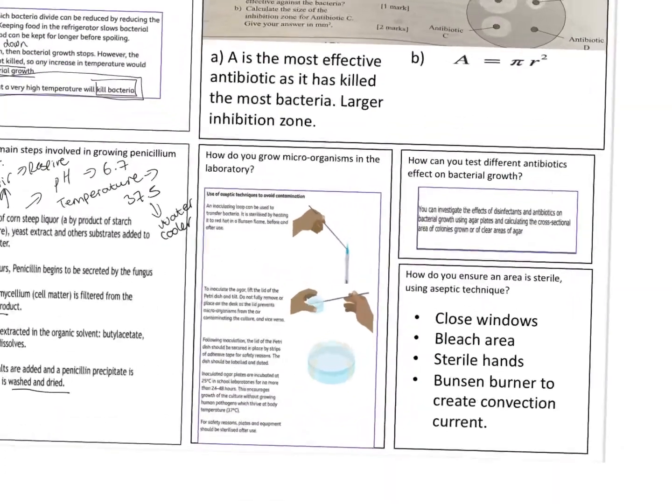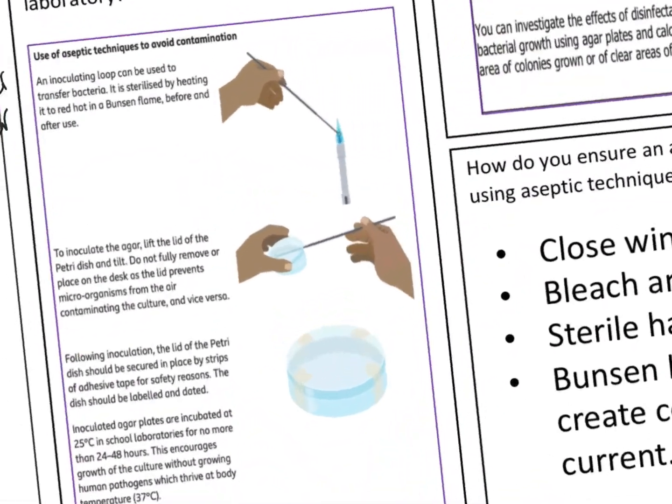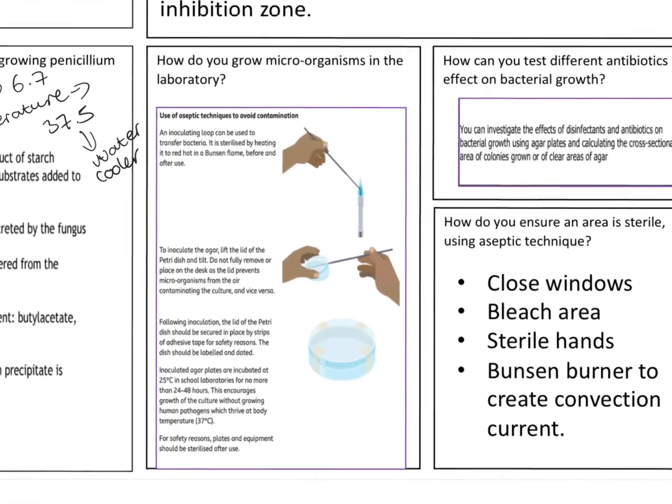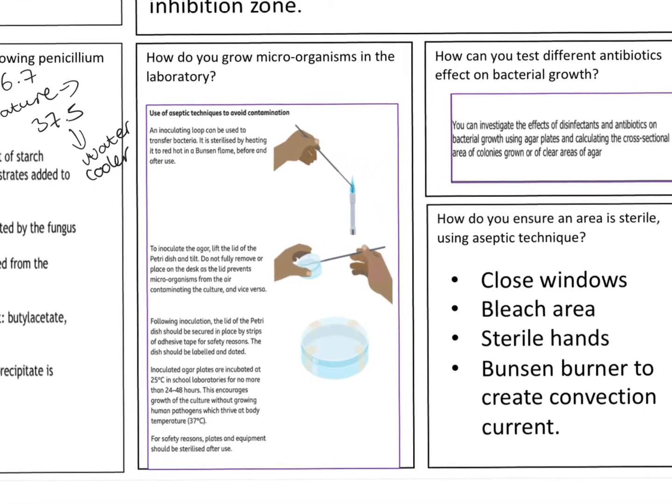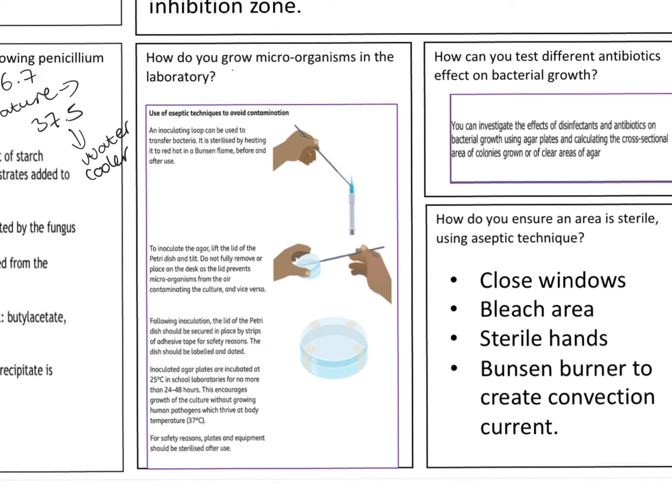How will you grow any type of microorganism in a laboratory? The first thing you want to think about is all sorts of aseptic techniques. So wash hands, close windows, bleach the area, all that kind of stuff.